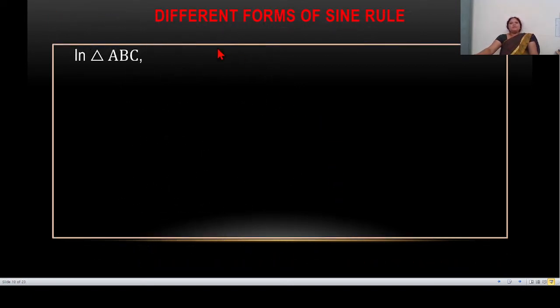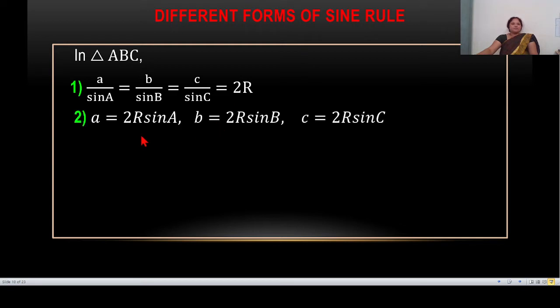Next point, different forms of the sine rule. In a triangle ABC, a upon sin A equal to b upon sin B equal to c upon sin C equal to 2R.